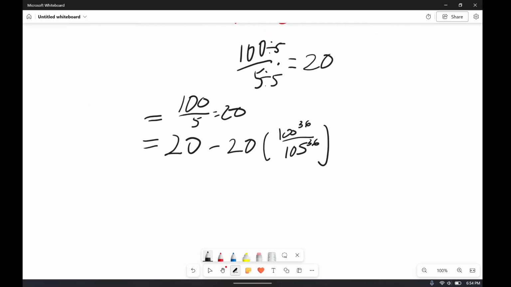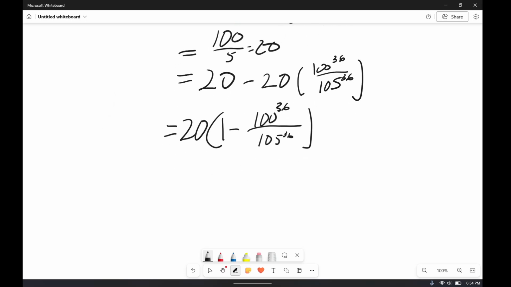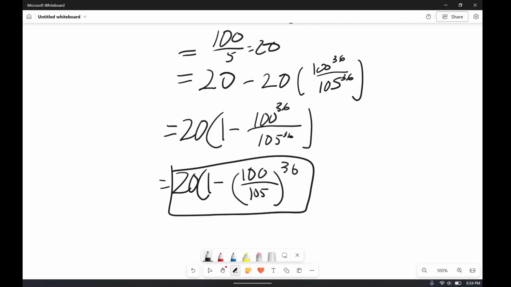We see that we have a 20 on both sides, so we factor out 20. So we have 1 minus 100 to the 36th power over 105 to the 36th power, and then we can combine this, so we just have 1 minus 100 over 105 to the 36th power. Okay, and that's the answer.